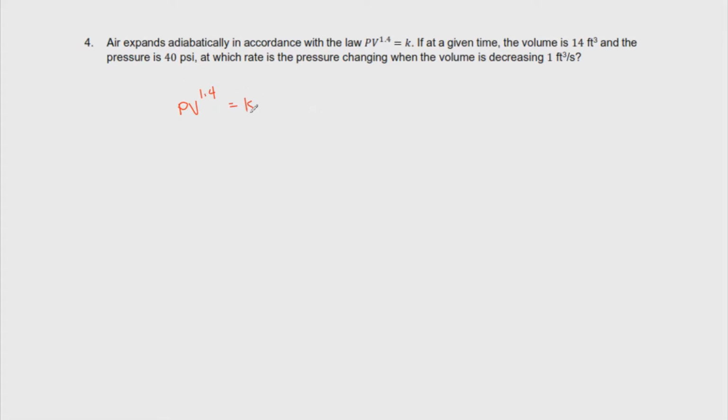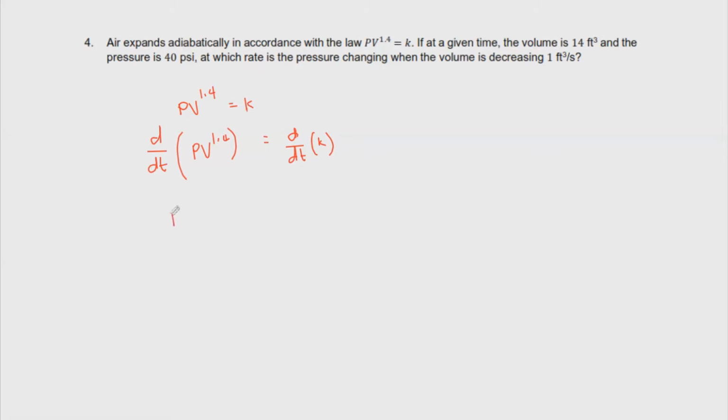And doing this, we can directly differentiate implicitly so that we can get the change in pressure as the volume decreases. So we should be taking the derivative of this expression with respect to time. Okay, so with this, we know that the pressure and the volume are both variables, so they should be differentiated in a way that they're not constants.